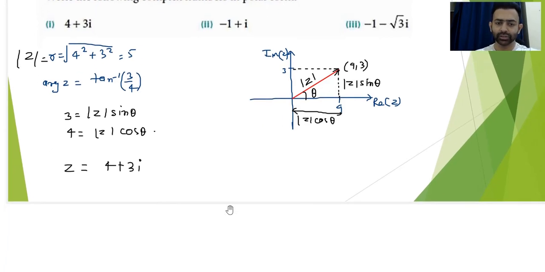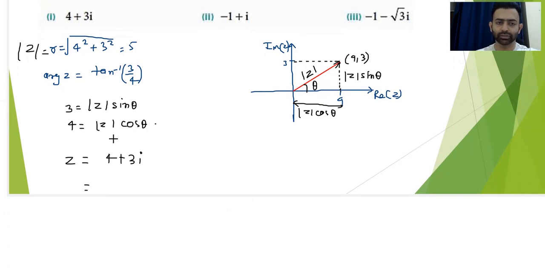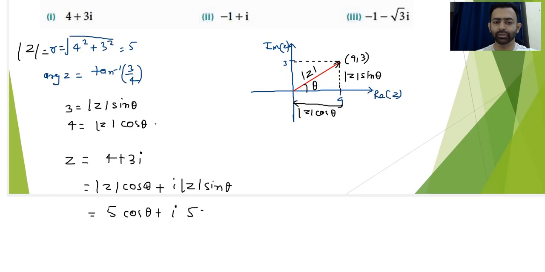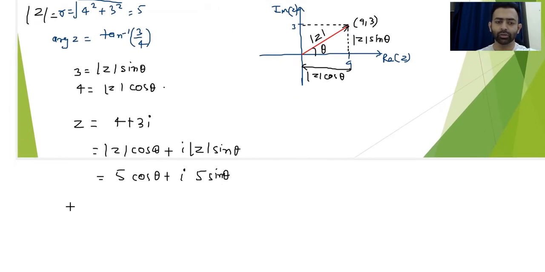So z is mod z cos theta plus i times mod z sin theta, and what is this mod z? It is 5. So this is 5 cos theta plus i times 5 sin theta. Taking out 5 as a common factor, the complex number z can now be written as 5 times the bracket cos theta plus i sin theta, right?